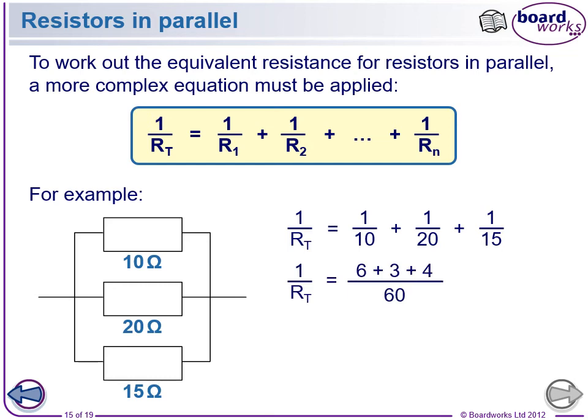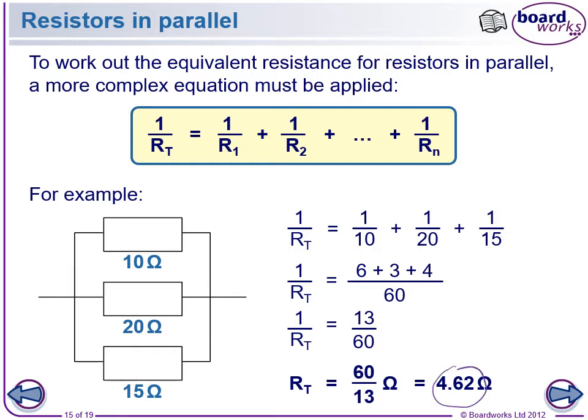So if we add those together, 1 over our total resistance is 13 over 60, so therefore our total resistance will be 60 over 13, which is 4.62 ohms. Now, a good way to tell if you've done this correctly: your total resistance should be less than every other resistance in the parallel circuit.